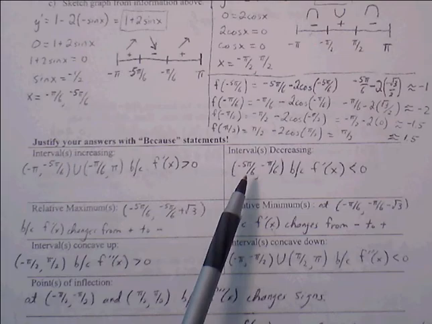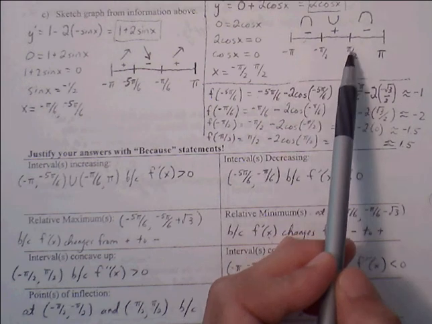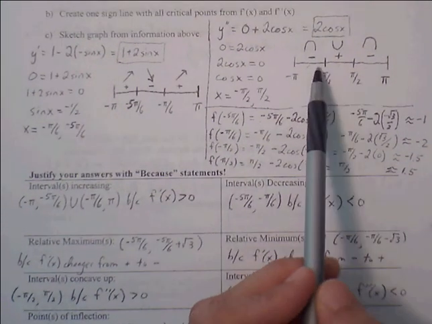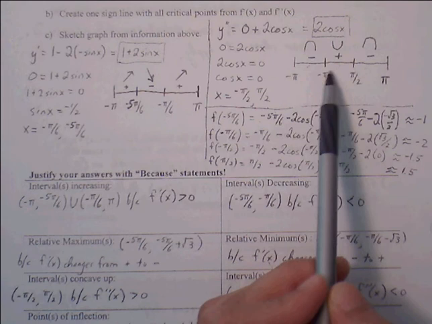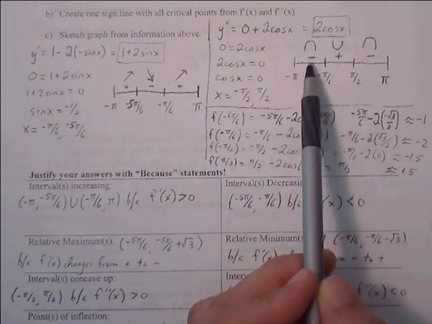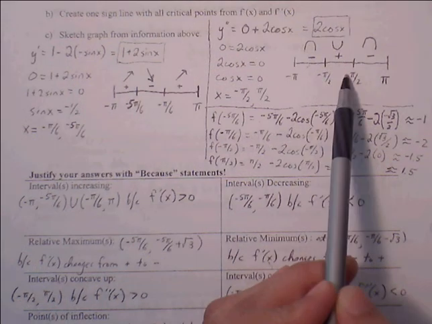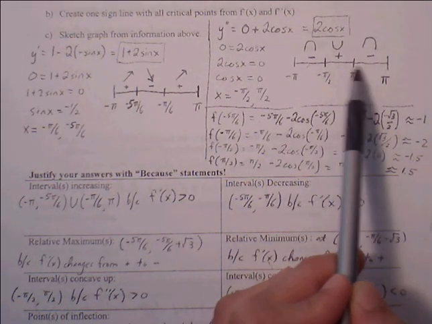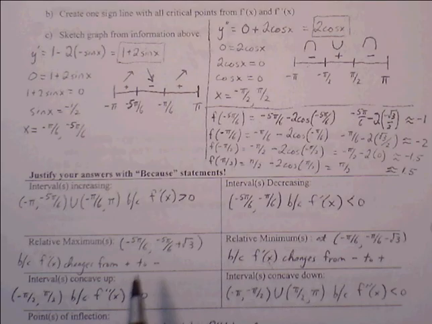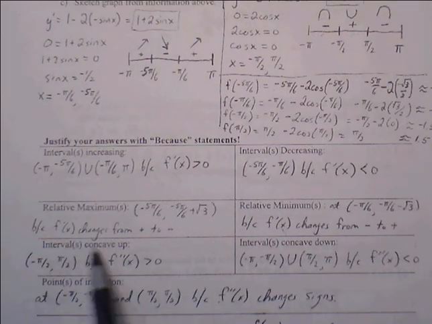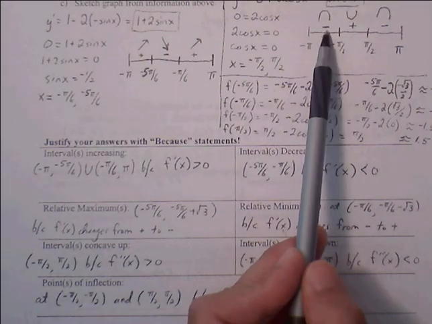From there, we also know that there are points of inflection at these critical points since there's a change in signs on either side of these critical points. So from negative to positive, we know there's a POI here. There's another point of inflection at pi over 2 because there's a change in sign on either side of that critical point.